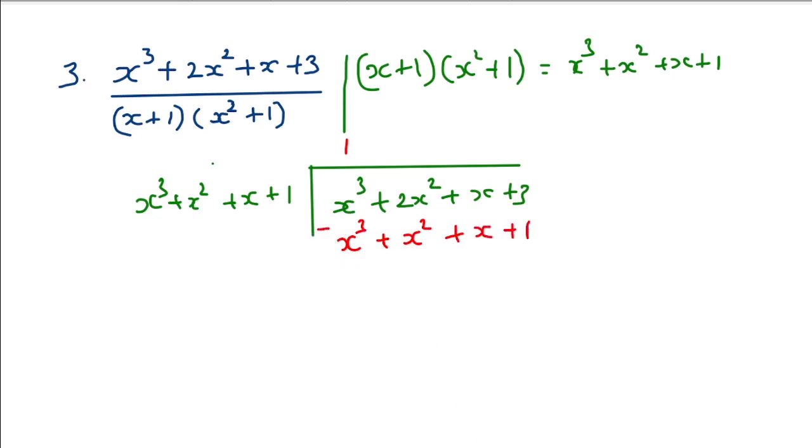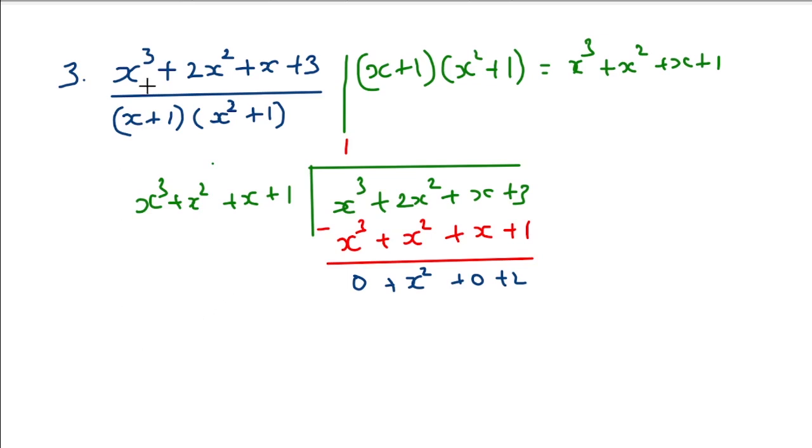Subtract, what do we get? If we subtract, we get a 0. This will be 2x squared minus x squared, remain with x squared. x minus x is a 0. Then 3 minus 1, we get a 2. So we've remained with x squared plus 2 here. And we said once the degree here is less than the degree here, we stop.